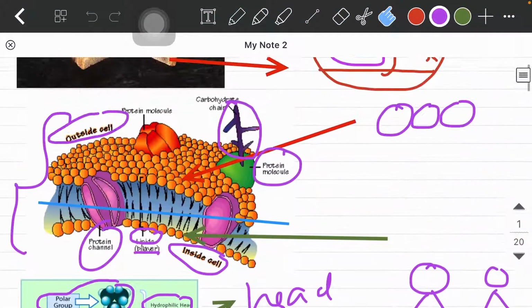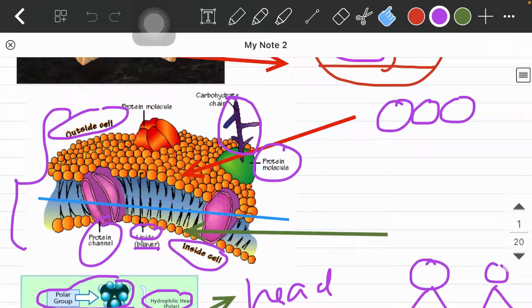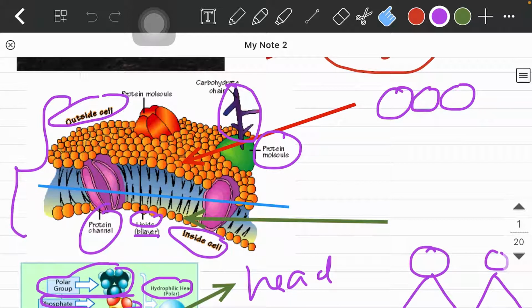What does a gate or fence do? It protects what's inside the fence. It's that simple. It is for protection, and it allows materials to pass through. It acts like a gate, a fence that protects whatever is inside that gated environment.